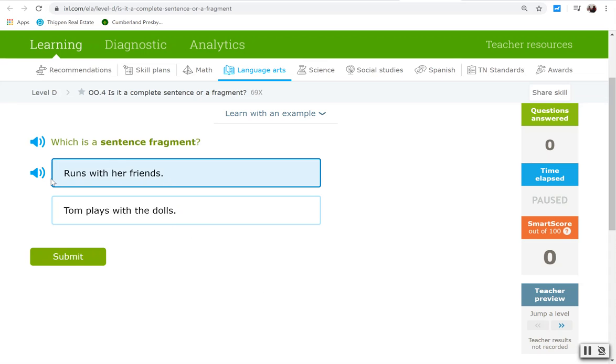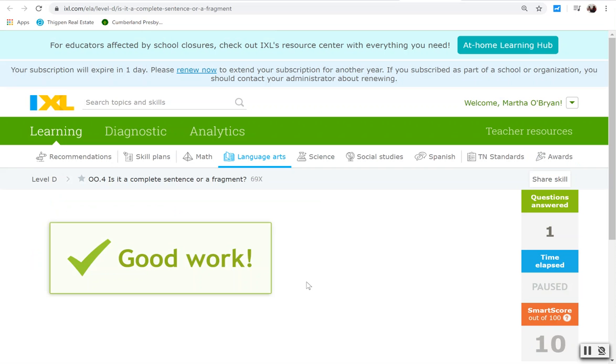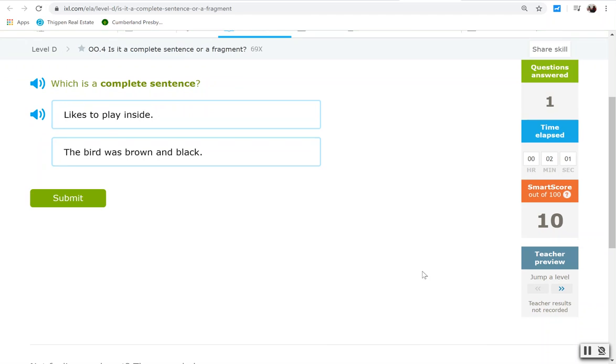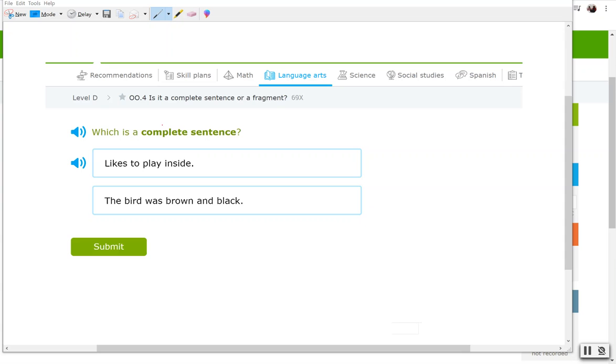So I'm going to say this one, sentence fragment. Okay, so now this question is asking me which one is a complete sentence. Likes to play inside, or the bird was brown and black. So this one, just like the first example, doesn't have a subject. Who likes to play inside?